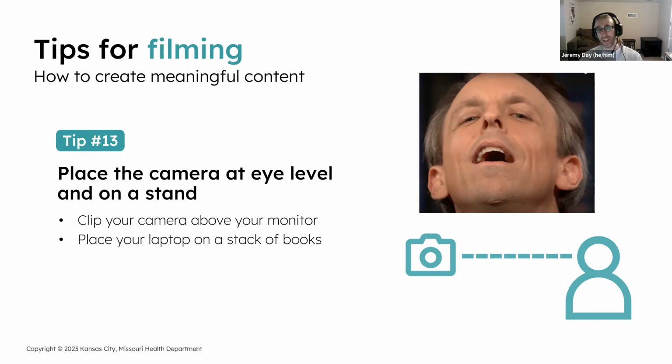Most cameras can clip onto a monitor if they're external camera. If it's on a laptop or if it's on a phone, try to either lower yourself so that you're eye level with it, or try to prop it up on books or something like that so that it's eye level with you.